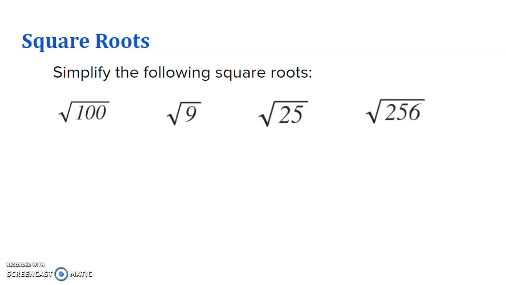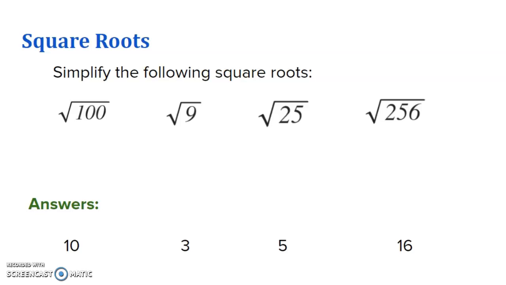Hopefully you know pretty straight away that square root of 100 is 10, square root of 9 is 3, square root of 25 is 5, and square root of 256, maybe you do not know it in your head, but it is 16. What does that mean?